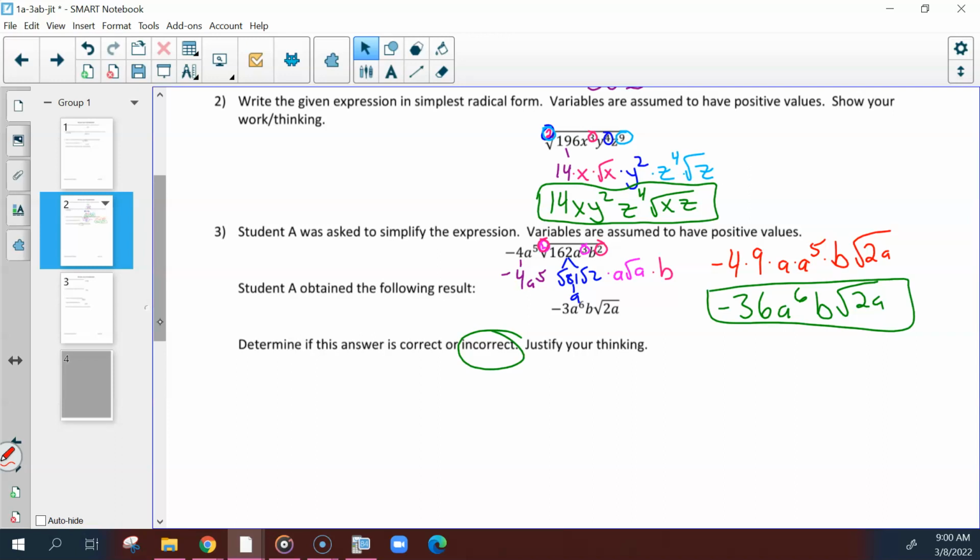We split this into 81 and 2. Square root of 81 is 9. 2 goes into 3 once with 1 left over. 2 goes into 2 once with nothing left over. That's one. I forgot. Any other questions on 3a?